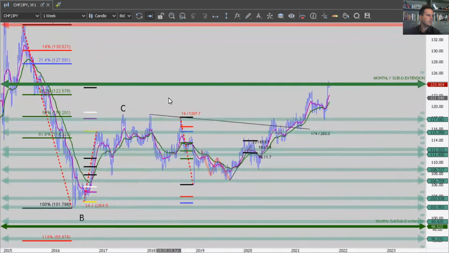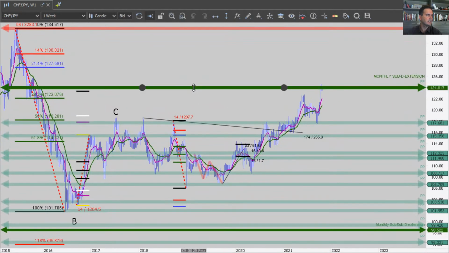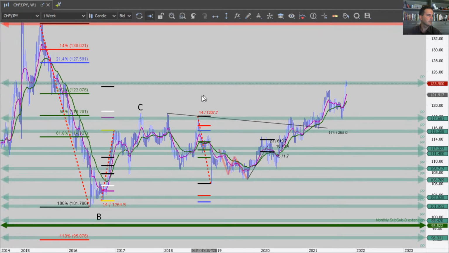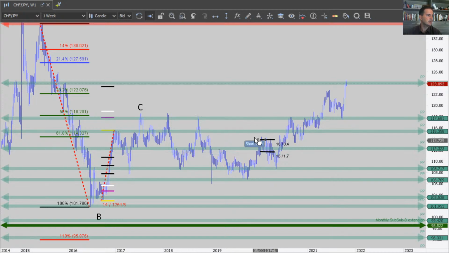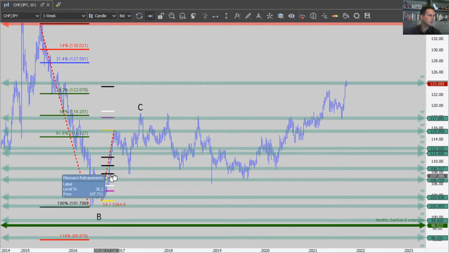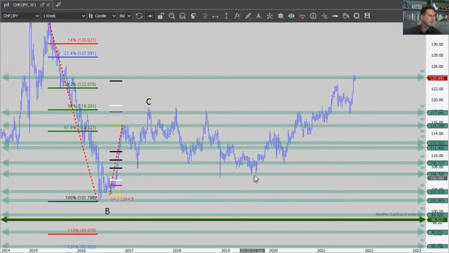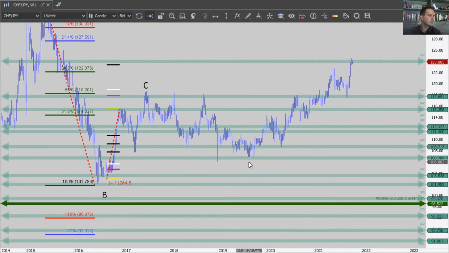If I didn't make any mistakes, monthly sub D extension. There you go, right? Indicators out, and sure enough, white goes to white.